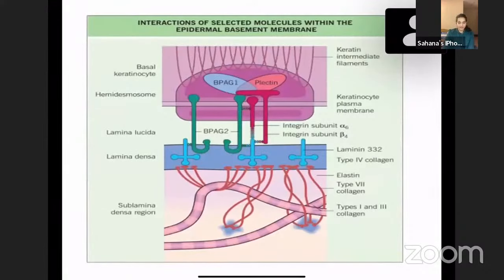I know it may seem very daunting at first when you look at this diagram, but each word here and each of the components here is of value clinically. So it's important for us to properly decipher this diagram. This is basically the dermoepidermal junction. It has mainly 4 parts.